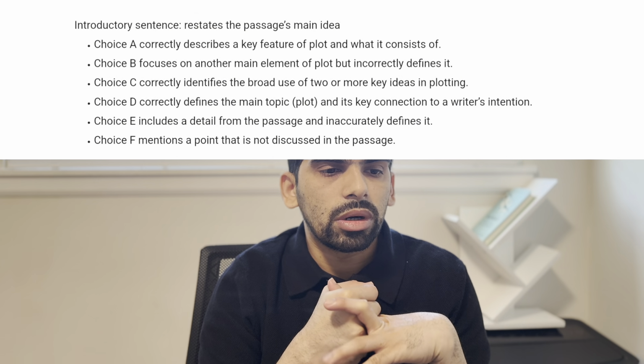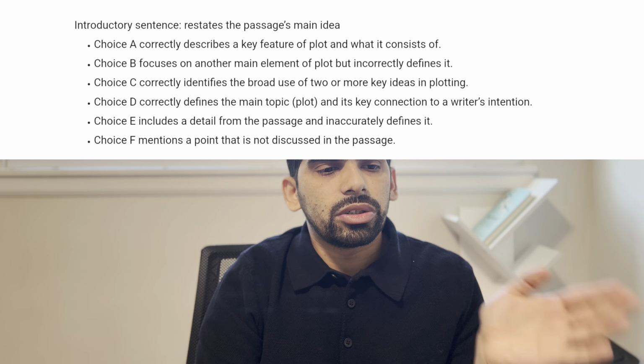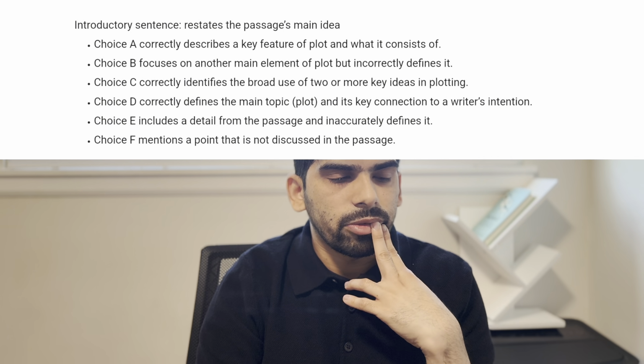The second is B. B is an author's main statement of plot, but incorrectly describes it. It states what is, but it does not include the right information. C is correct because of the broader use of two or more key ideas which describe the plot. D is also correct because of the main idea and the main topic, which is the plot and its key connection to writer intentions.